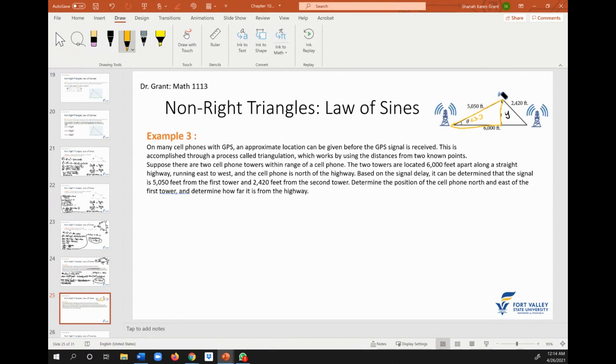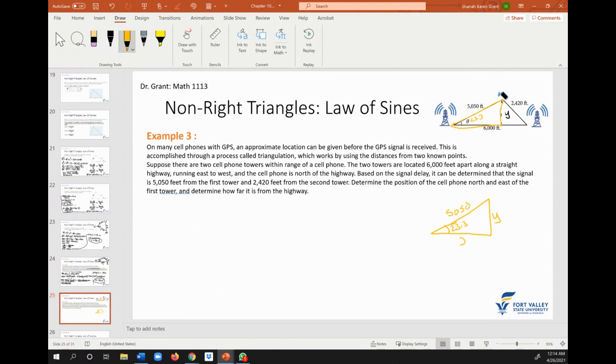Now this becomes just a regular right triangle, right? Something like so. This is y, and this is 50-50. But notice here, the whole thing from the poles is 6,000 feet.